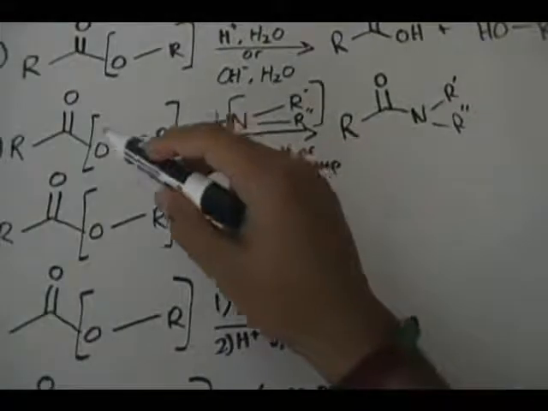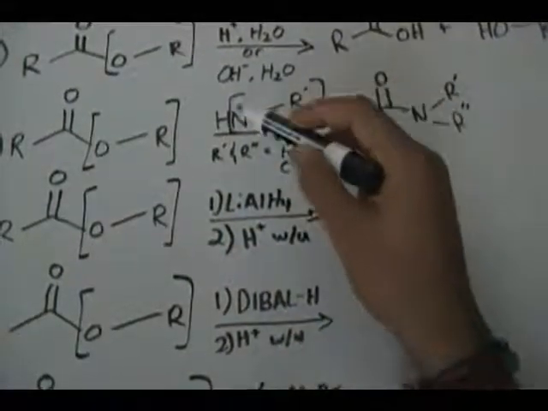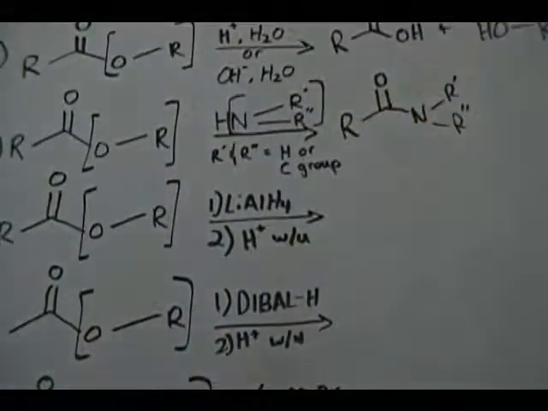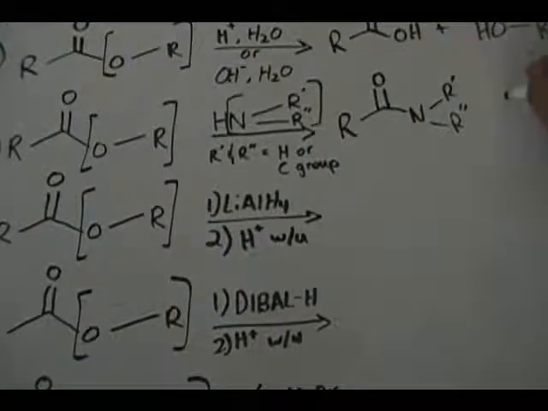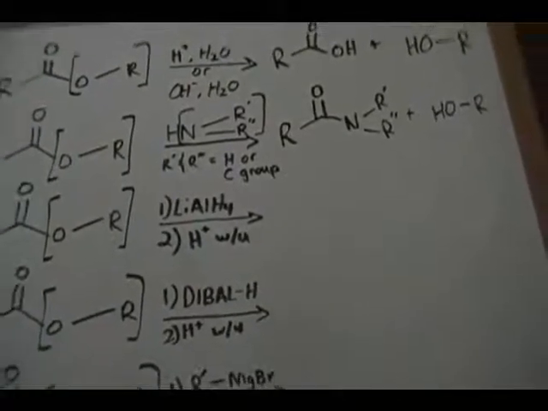Again, the OR group gets replaced by this piece here that I have in brackets. You lose an H through the course of the mechanism. And the final product you form is an alcohol. So again, this alcohol can be a primary, secondary, or tertiary alcohol. It doesn't really matter, but just realize that it could be one of those types of alcohols, okay?